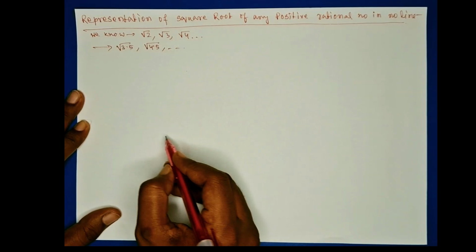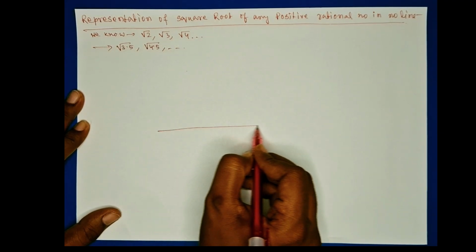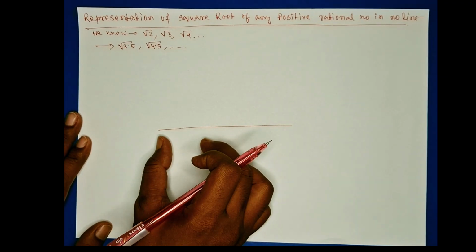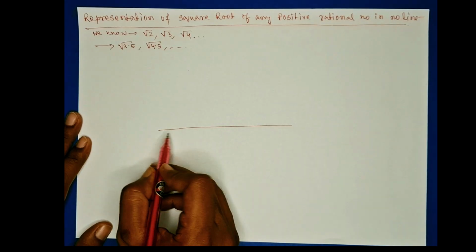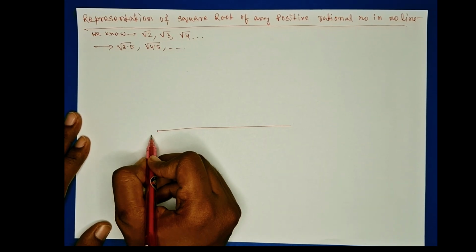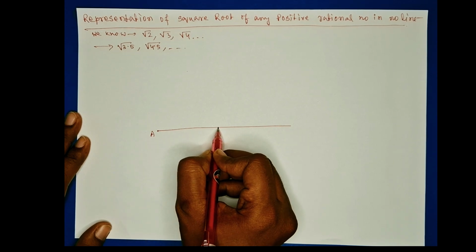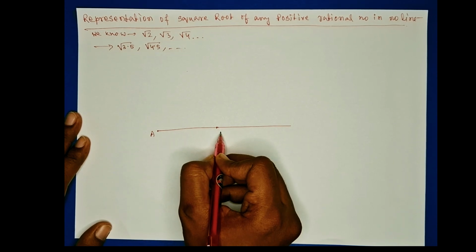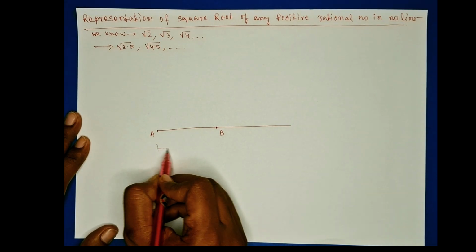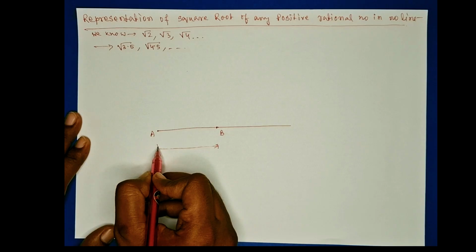So let me first draw a line like this, and I have to take just 3.5 centimeters of length. Suppose this is A and this is B. This AB is 3.5 centimeters.